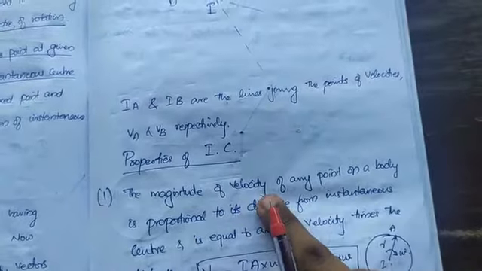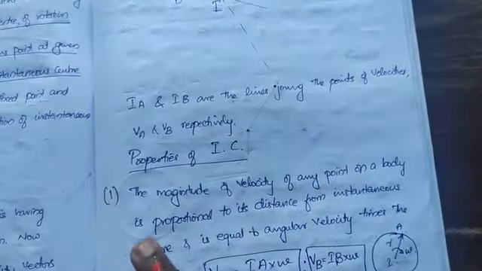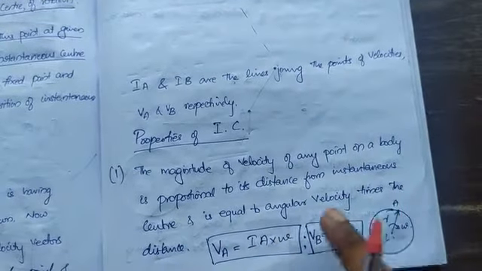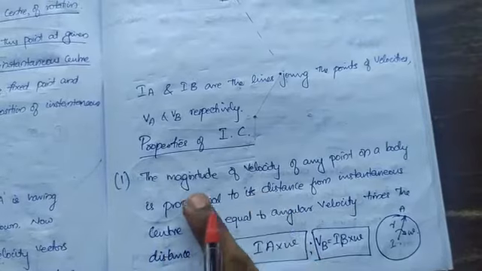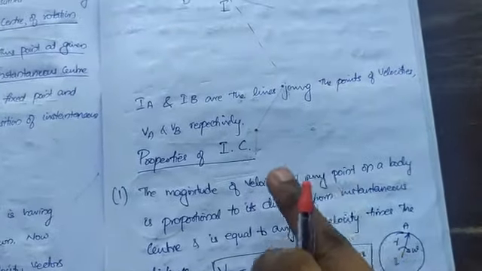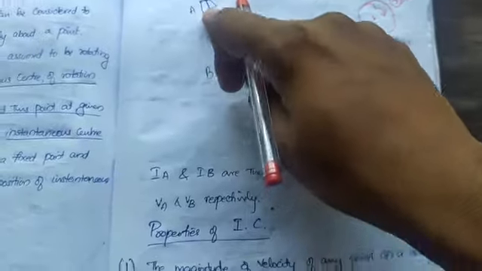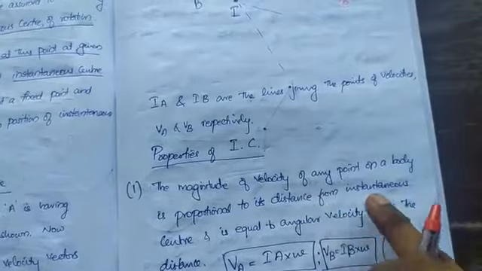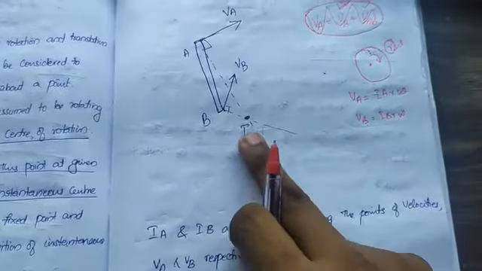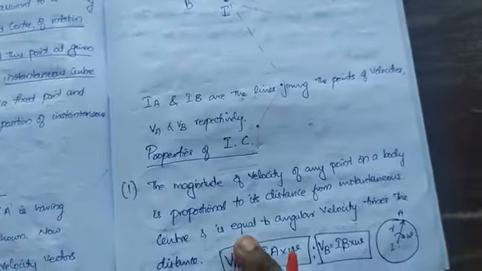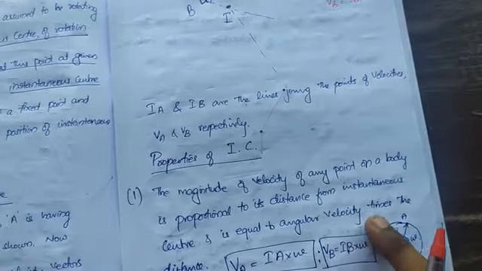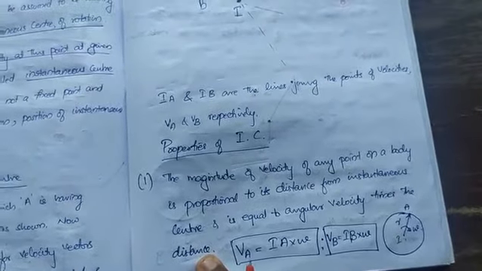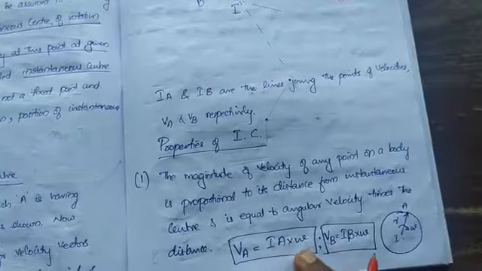The magnitude of velocity of any point on a body is proportional to its distance from the instantaneous center and is equal to the angular velocity times the distance. So the magnitude of velocity VA at point A is proportional to the distance from the instantaneous center, which is IA, and is equal to angular velocity times the distance, that means IA into omega.